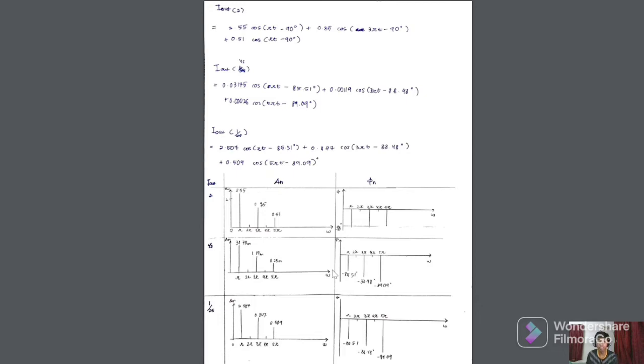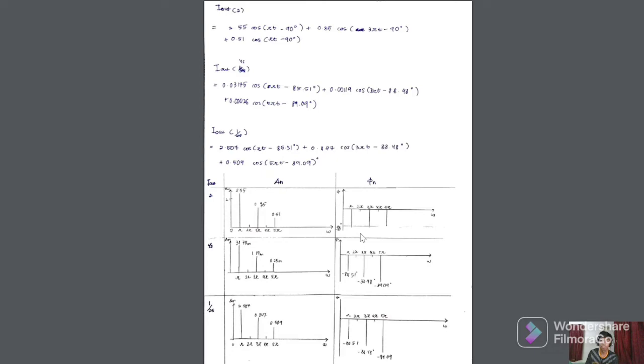So for the graph for the I out 1 over 2s, for the n graph, when n equal to 1 we got 2.507. When n equal to 3, we got 0.847. And lastly, when n equal to 5, we got 0.509.